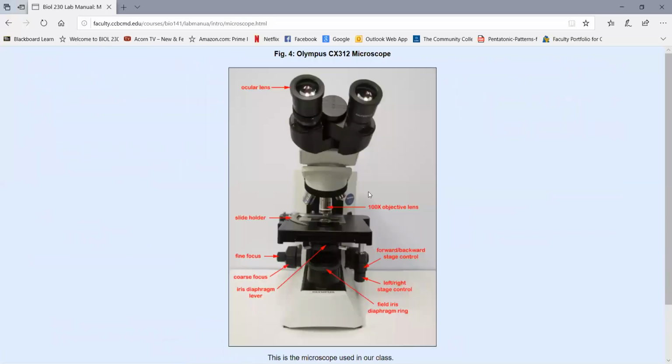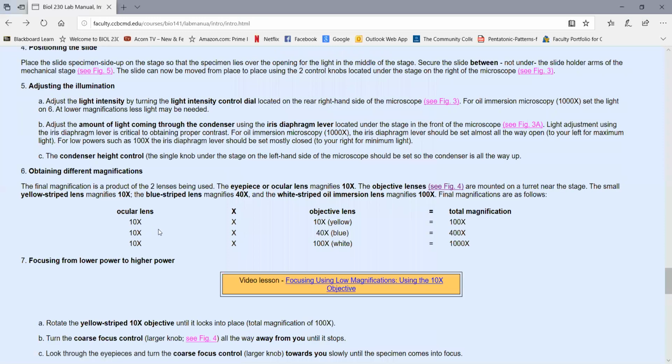If we look at figure 4, we see several lenses here at the turret. So these are the ocular lenses or eyepieces, and these are the objective lenses. And each one is marked with a different magnification. So if we are using our 10x objective, that's one that has a yellow stripe, and the colors are standard in the industry, in conjunction with our 10x ocular lens, then the total magnification is 10 times 10 or 100.